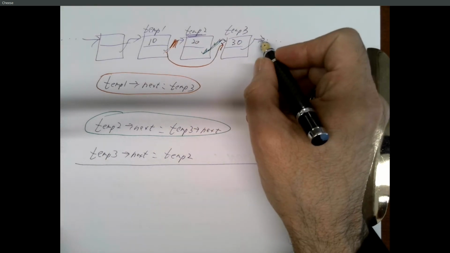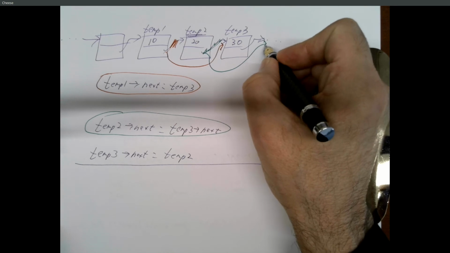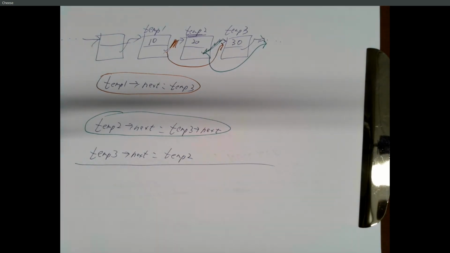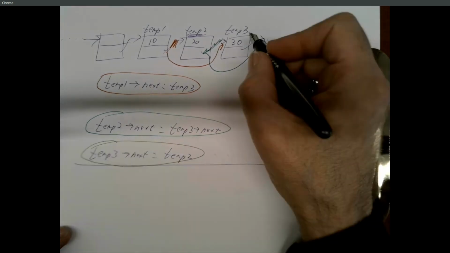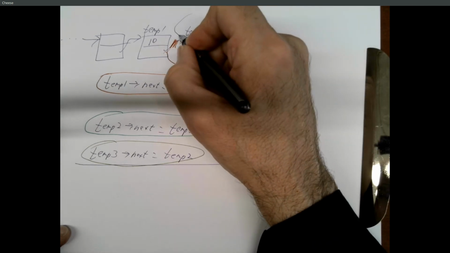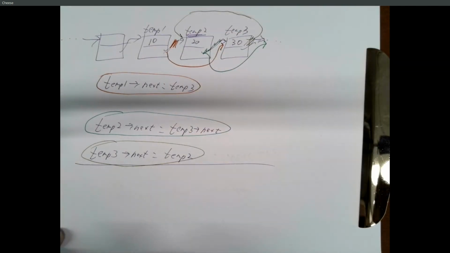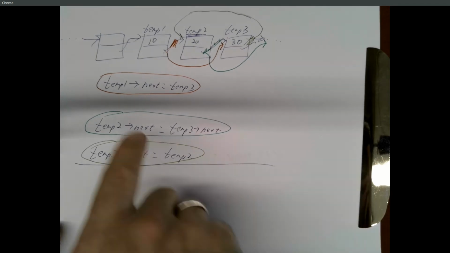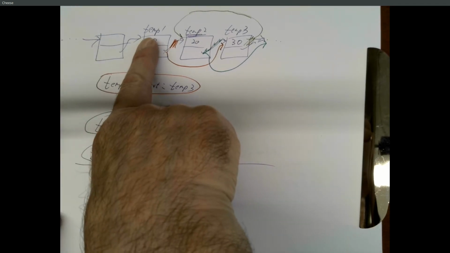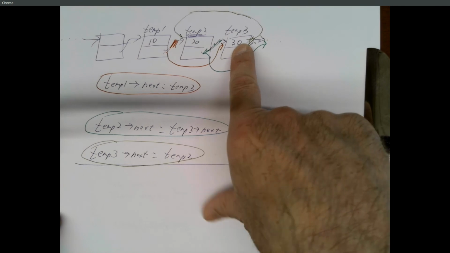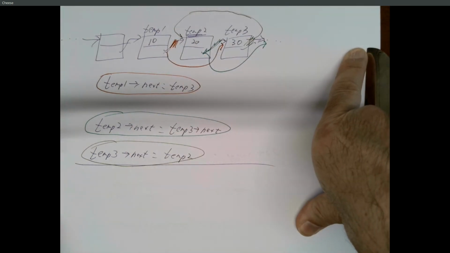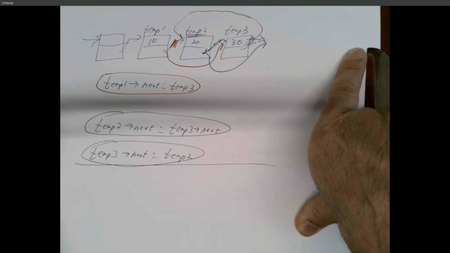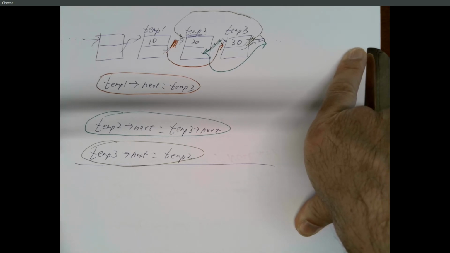Let's change that to point where temp3 is pointing. That's going to go right here. And then temp3 next equals temp2. That changes this arrow to point to temp2. So what does our list look like? We come in from here on the left, we get to node 10. That takes us to node 30, which takes us to node 20, which takes us to whatever the rest of the list was. That's a good swap.